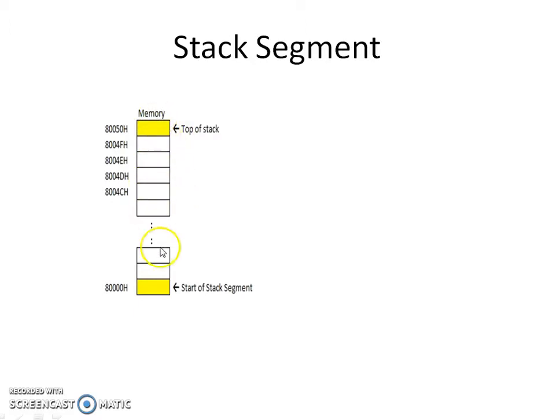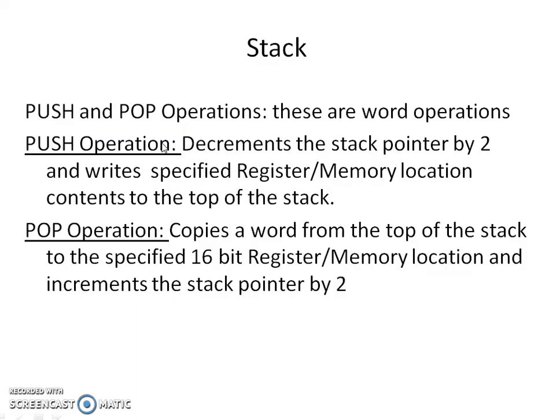Okay, this is the start of the stack segment, and you always have to initialize the stack pointer to the top of the stack. Next, the operations you can perform on the stack are push and pop operations. These operations are always word operations. If you consider the push operation, the sequence of steps followed when push is executed is: it decrements the stack pointer by 2 and writes the specified register contents or memory location contents to the top of the stack.